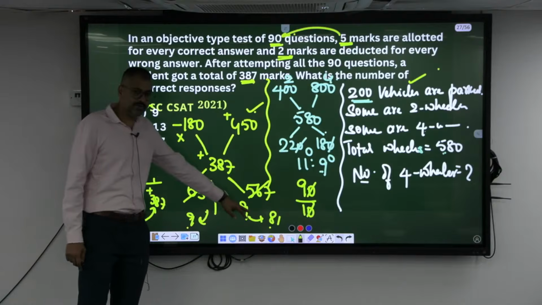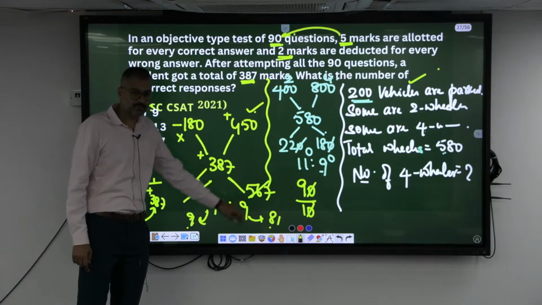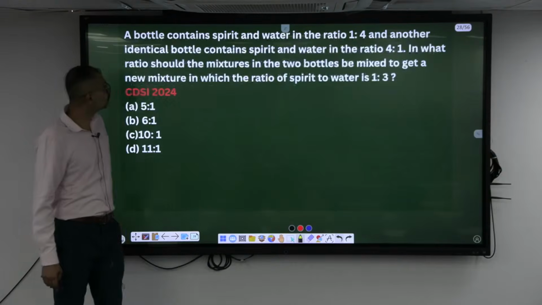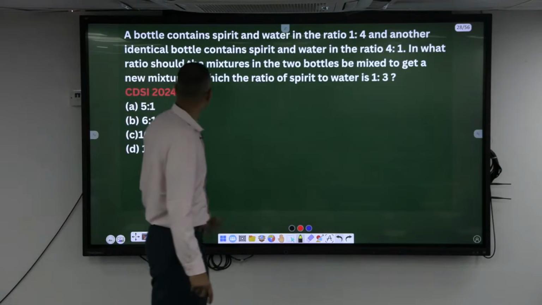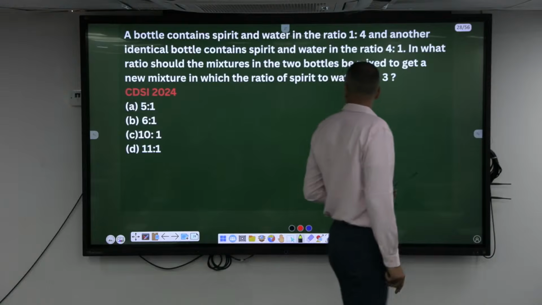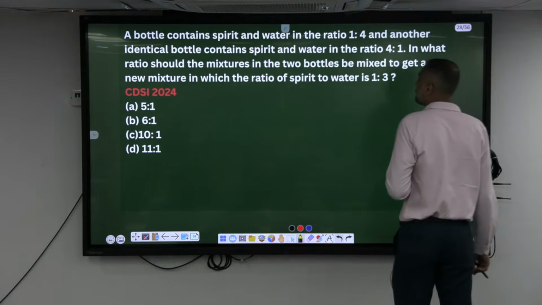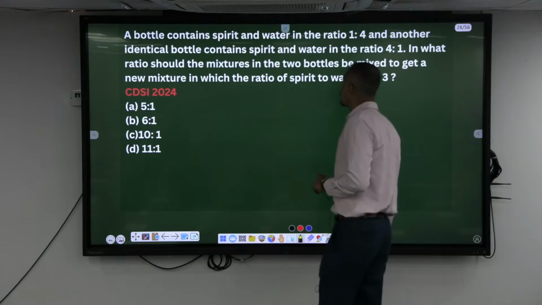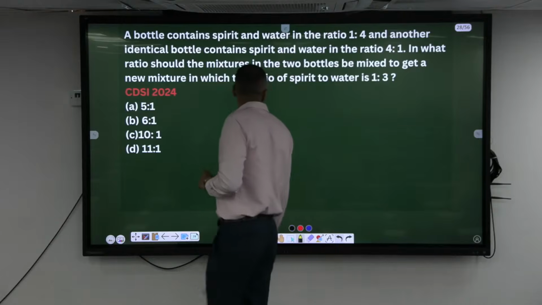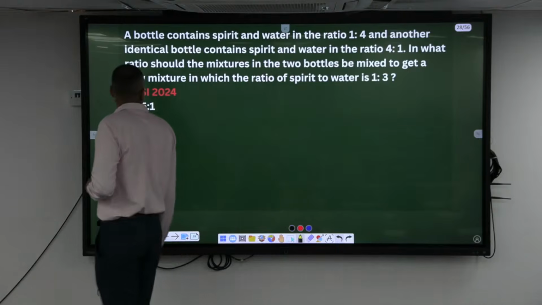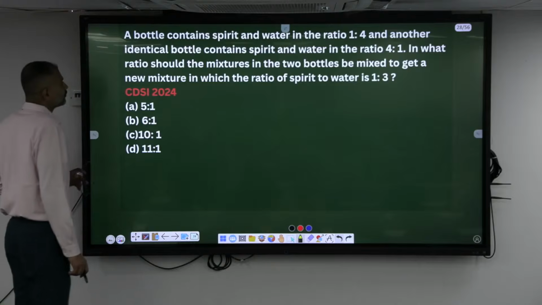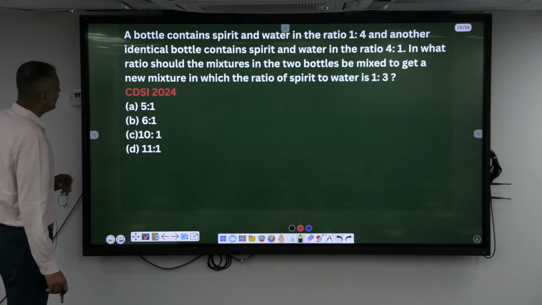One is to 9, divide. So 9, 81. Yeah, mixture. Yeah, this is also alligation.